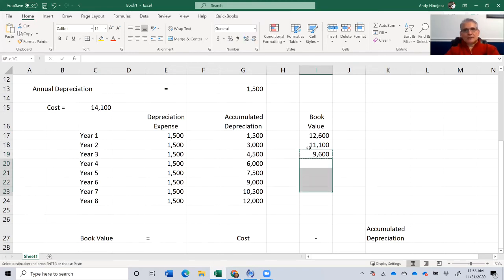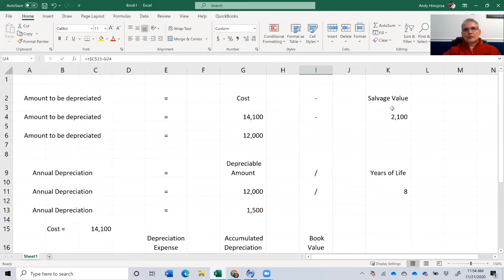Now pretend I just did the same thing for the next few years until we get to year 8. In year 8, the book value is going to be $2,100. Well, if you think about it, that's exactly what we wanted, because when we started working on this problem, we wanted our salvage value to be $2,100. That's our salvage value.